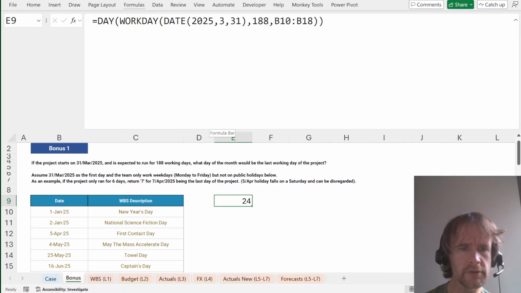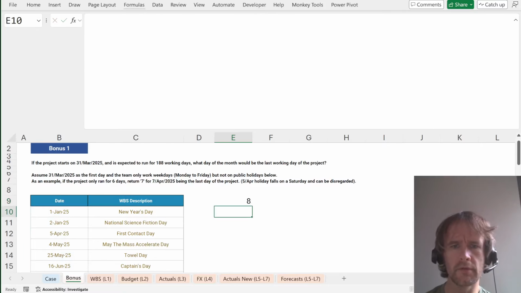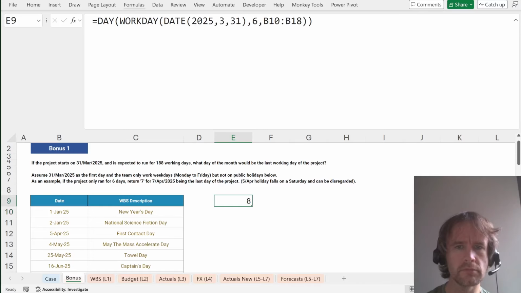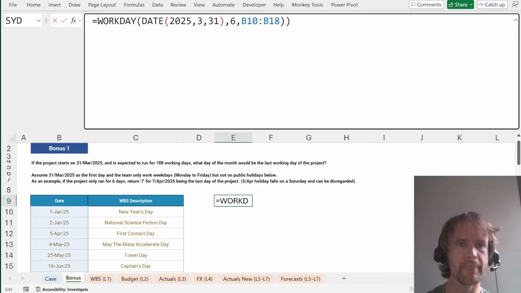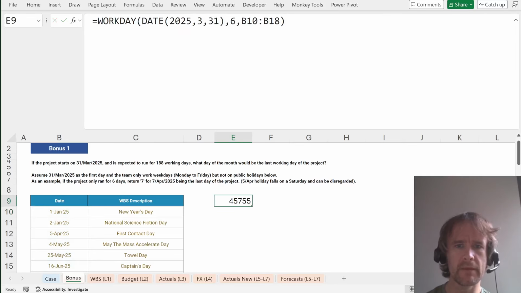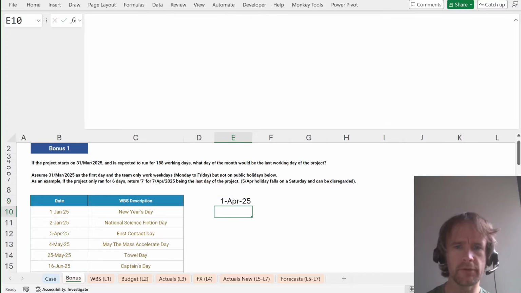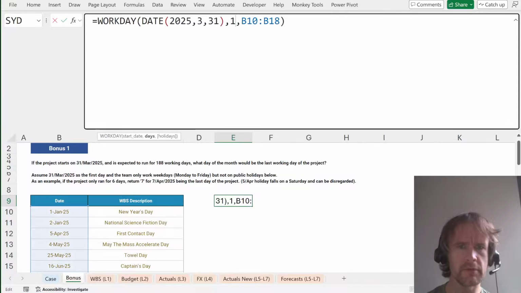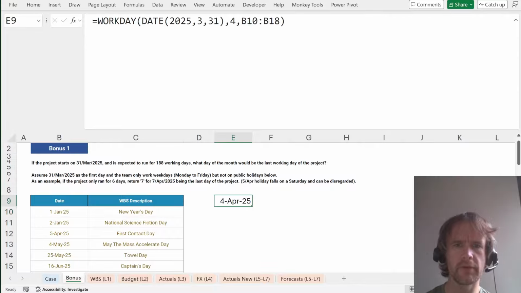As an example, if the project only ran for 6 days. So, might be an off by one thing. So let's see, if it runs for 1 day, gets to the 1st of April, okay. 2nd, 3rd, 4th, 5th.